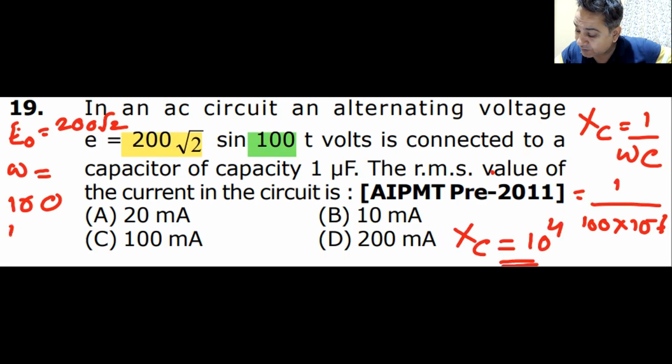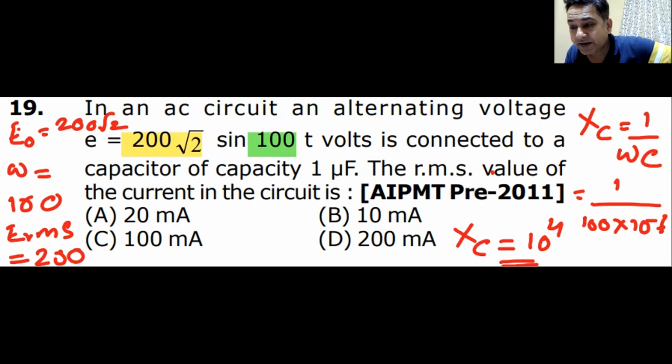From here, I can find the value of ERMS. ERMS becomes E naught divided by root 2, so ERMS is 200 and XC is 10 raised to the power 4. Divide 200 by 10 raised to the power 4 and you will have your answer.